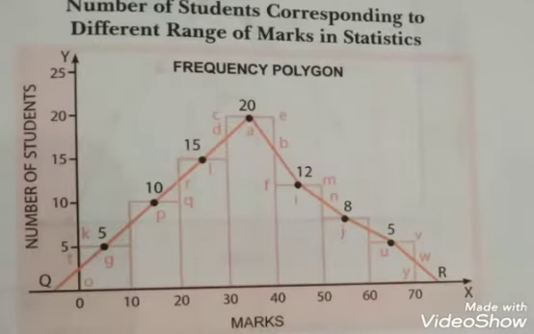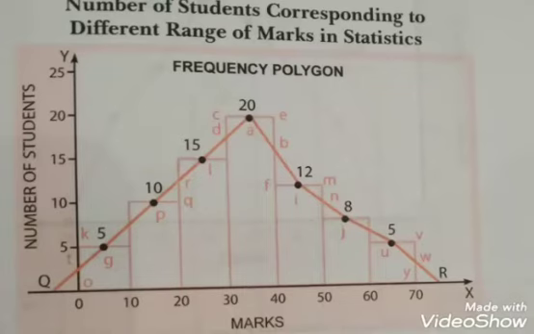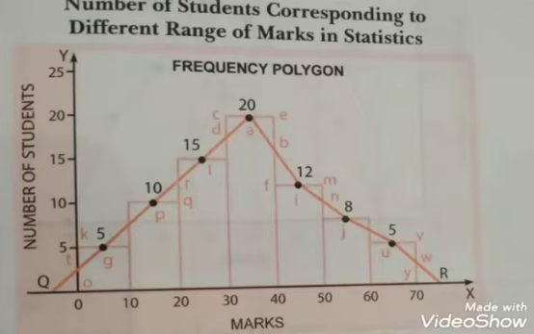Now the next comes the polygon. Children, a polygon is another form of diagrammatic presentation of data. It is formed by joining the midpoints of the tops of all rectangles in a histogram. You have to remember that this polygon can even be drawn without constructing a histogram.